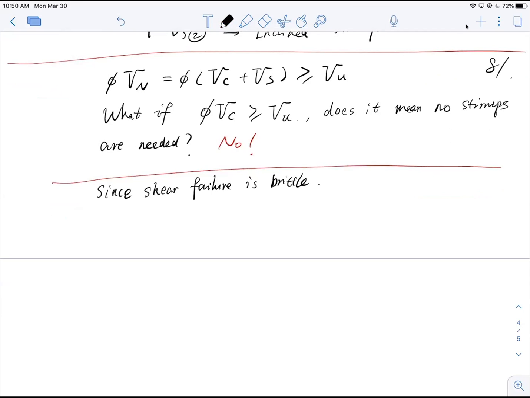It immediately collapses. So minimum reinforcement, Av minimum, is required. The minimum amount of shear reinforcement is required.